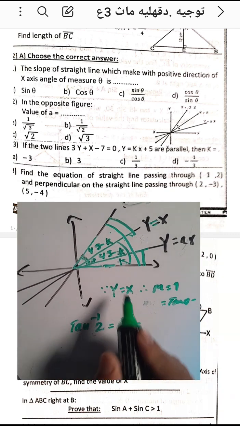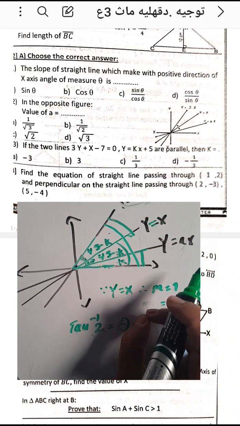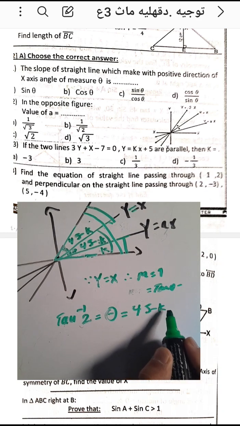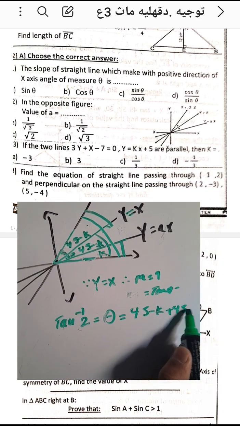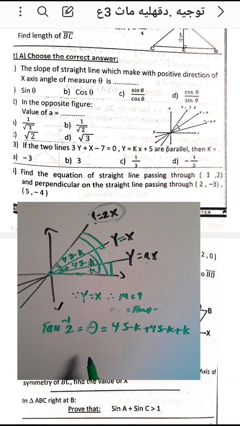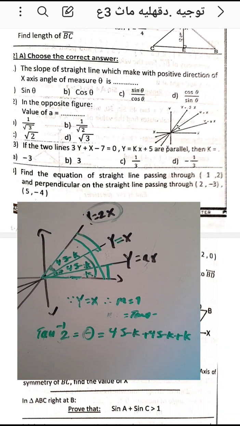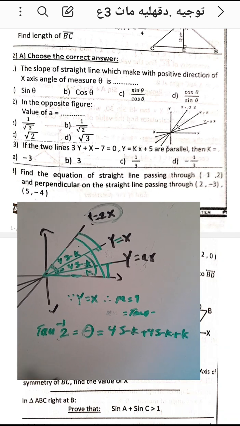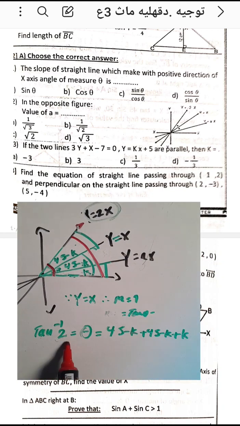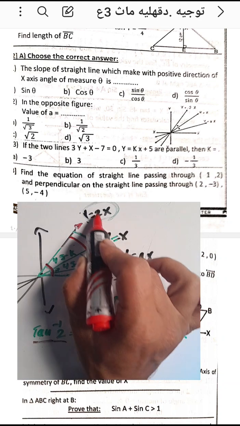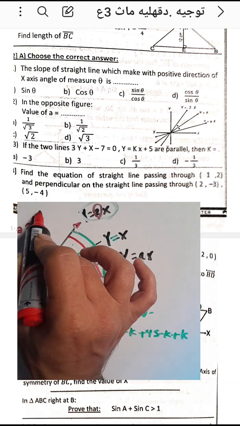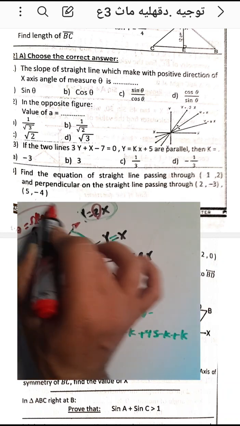And the theta here equals the sum of three angles, 45 minus k and 45 minus k and k. Understood? Here we have three angles again. To understand this example, pay attention with me. First, straight line here, these angles we can find with shift tan 2 because the slope here equals 2, and the slope equals tan theta.